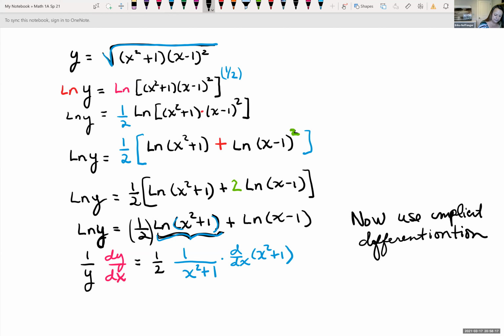So plus, now let's take the derivative of this natural log of x minus 1. Well, for natural logs, it's 1 over what you're taking the natural log of, which is x minus 1, times the derivative of x minus 1.